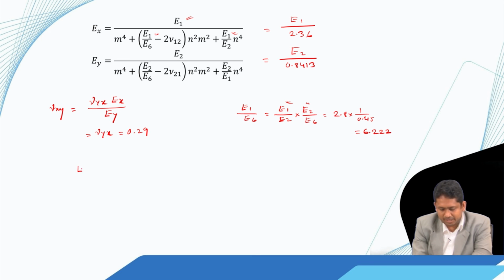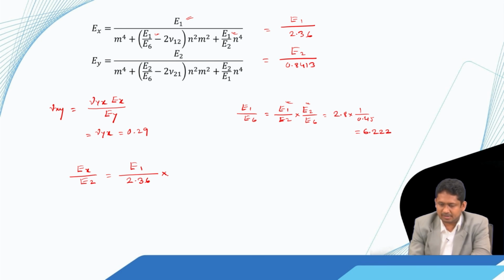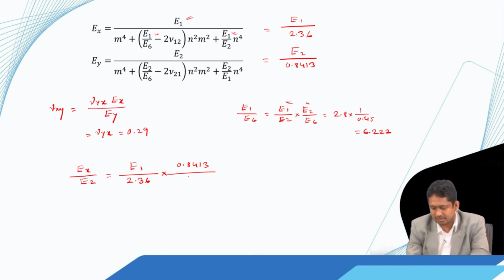Now, the ratio E x by E y turns out to be E 1 divided by 2.36 multiplied by 0.8413 divided by E 2, just the reciprocal, and we know the ratio between E 1 and E 2 is 2.8.